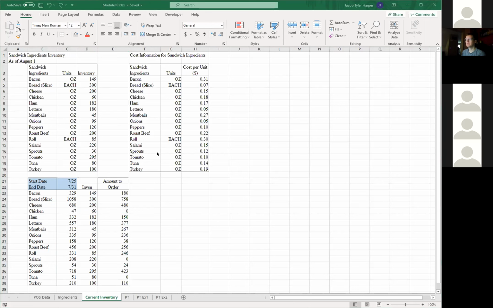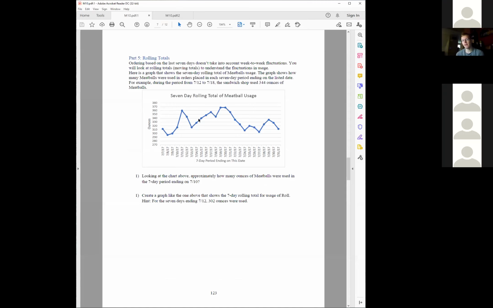What we're doing today in part 5 is looking at something called a rolling total. This was actually already on my spreadsheet. A rolling total is, for example, this little dot here: how many meatballs were used across the 7-day period from the 1st ending on the 7th?